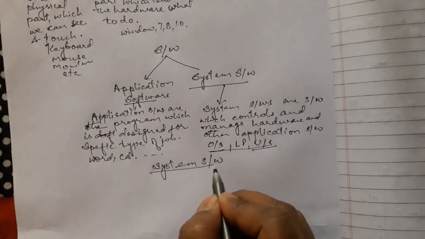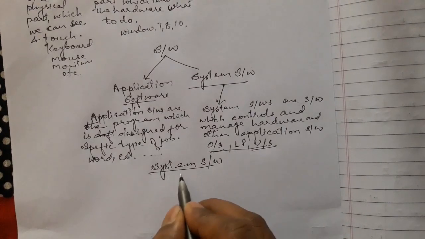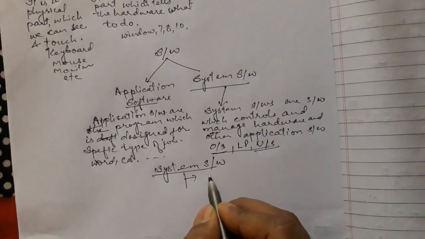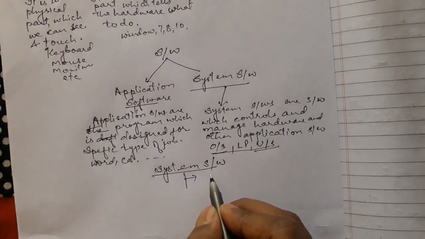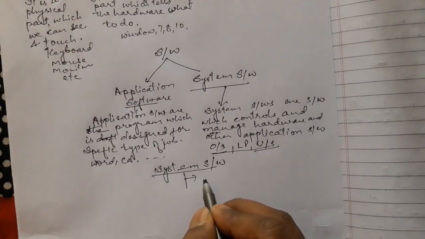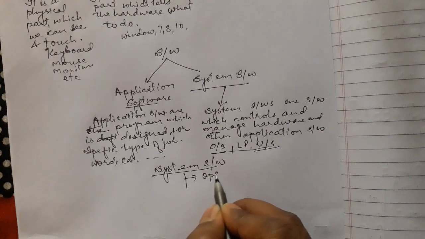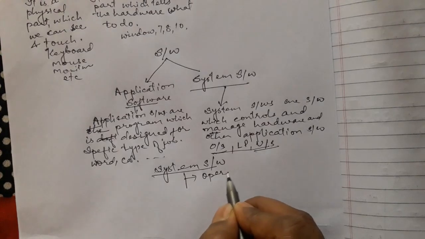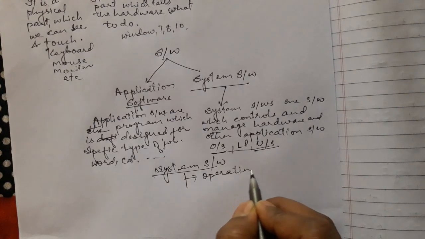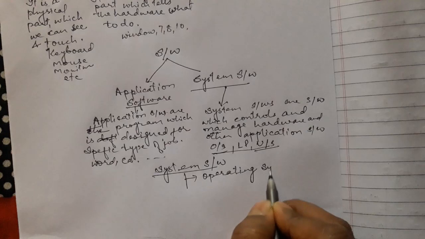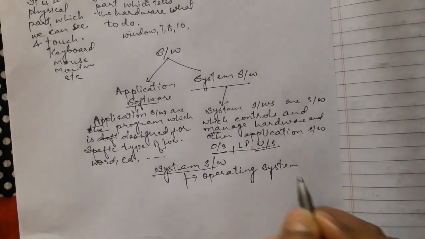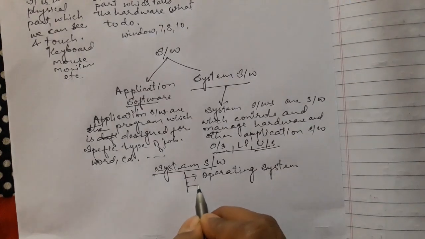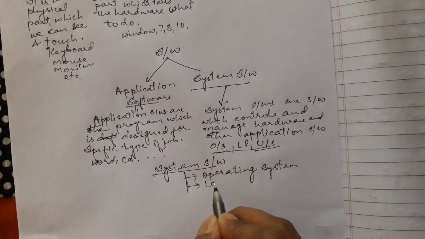The first one is the operating system, which is the most important thing in the computer. Without the operating system we cannot access any hardware. Then the next one is language processor.